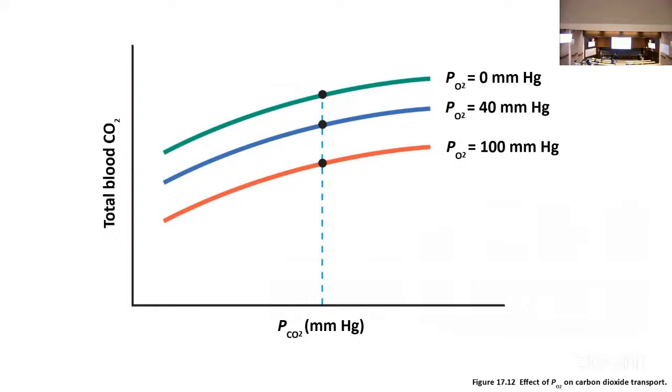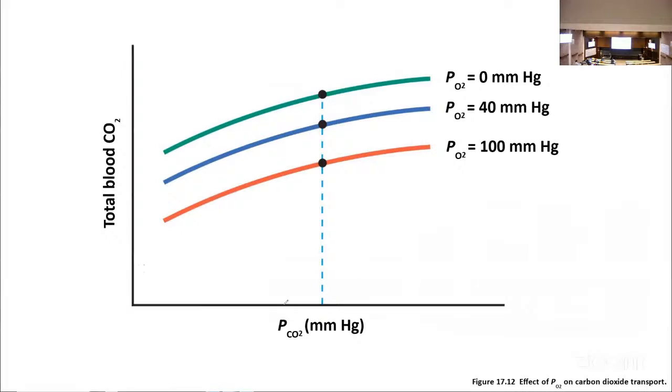One we saw when we were looking at the dissociation curves: the carbamino effect was one of the things that can cause a shift in that hemoglobin dissociation curve, changing the affinity of hemoglobin for oxygen. The reverse also happens. So the amount of oxygen you have in your blood does have a little bit of an effect on our ability to carry carbon dioxide as well. So what you're looking at here is that relationship.